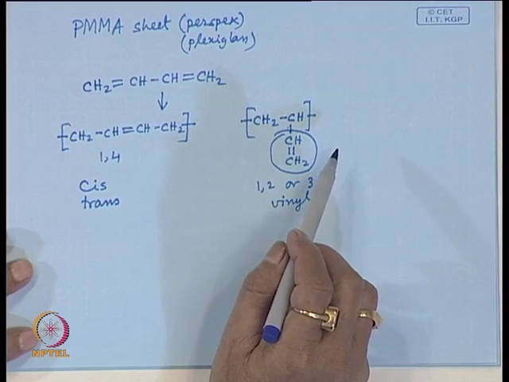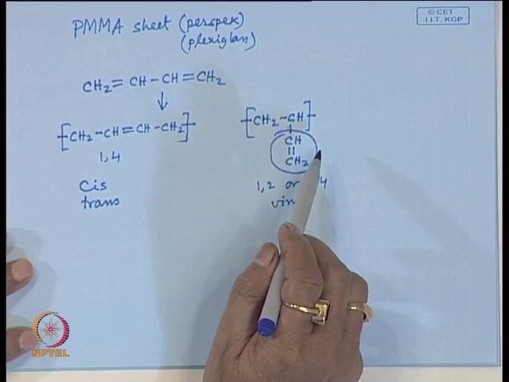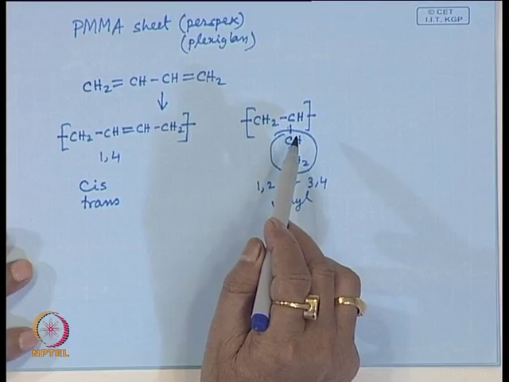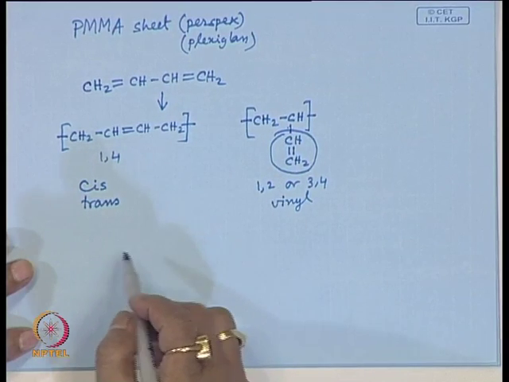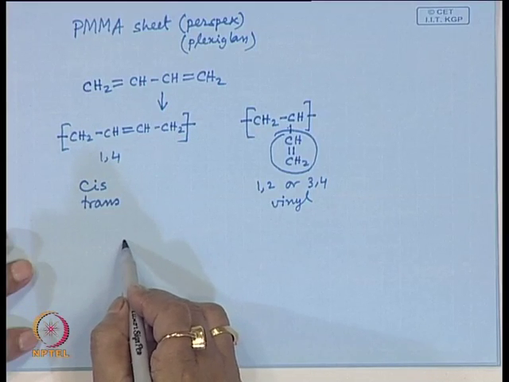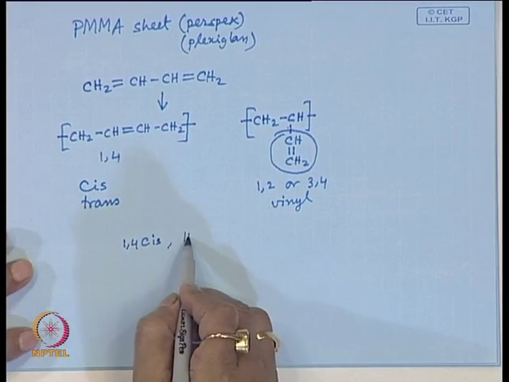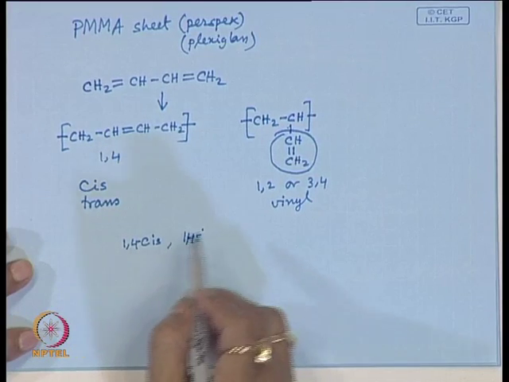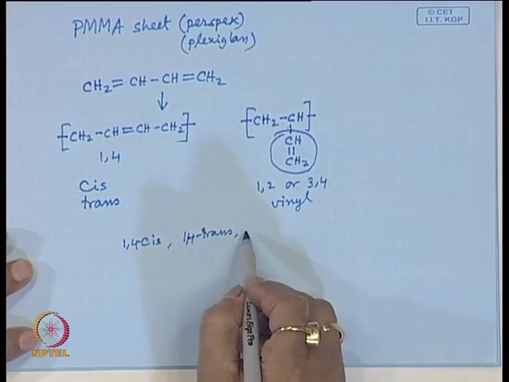So, in one batch of polymerization, in one event of polymerization, you can have a polymer product which can be a mixture of 1,4-cis, 1,4 trans, as well as vinyl.